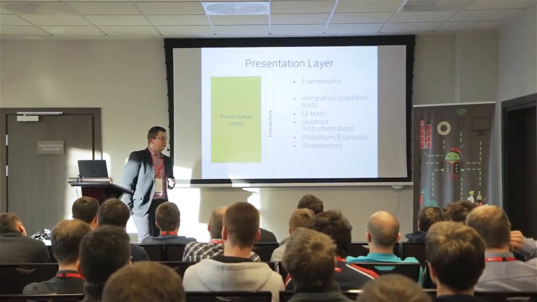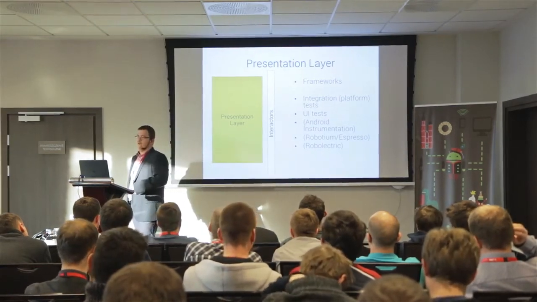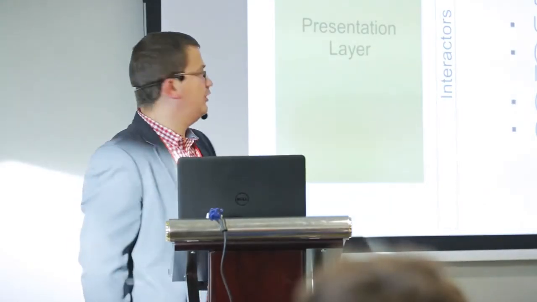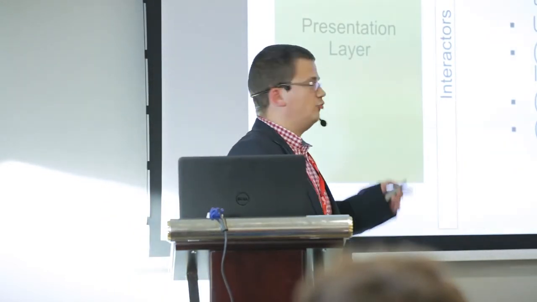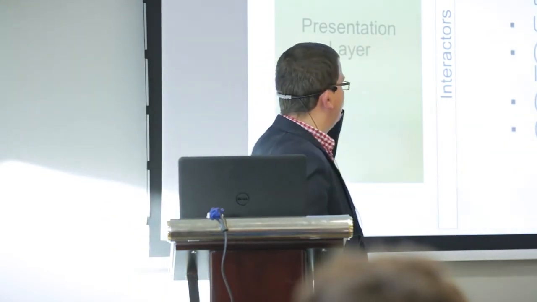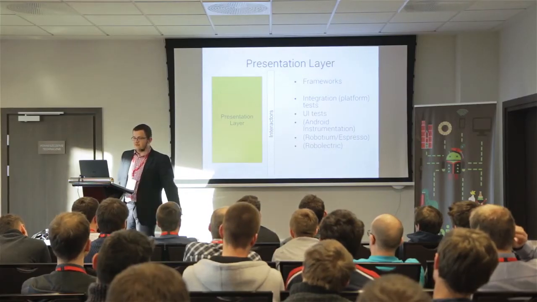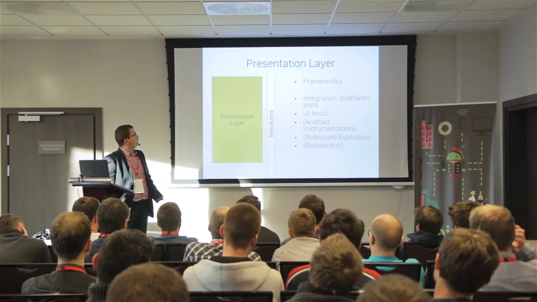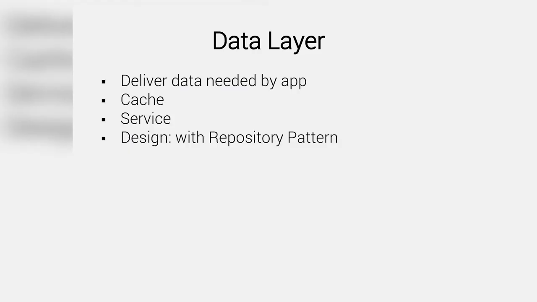A good pattern is that if some user reports an issue to you, you should also create a test for that to not introduce this issue again. We can use Robotium, Espresso, or Robolectric here to make testing faster. So generally, Android is here. And the data layer.